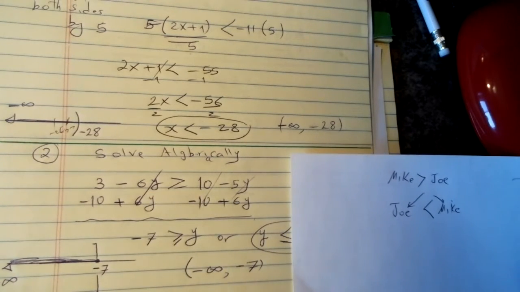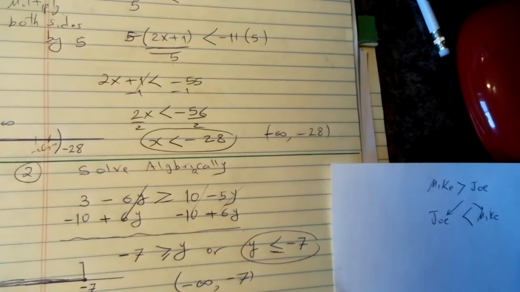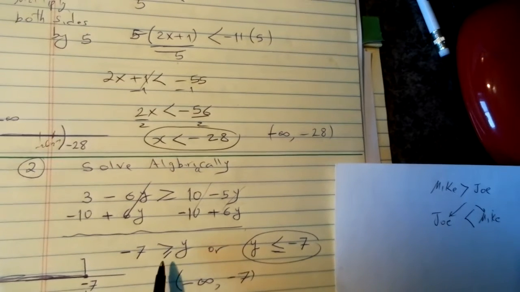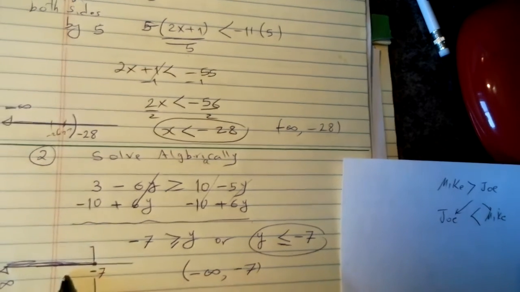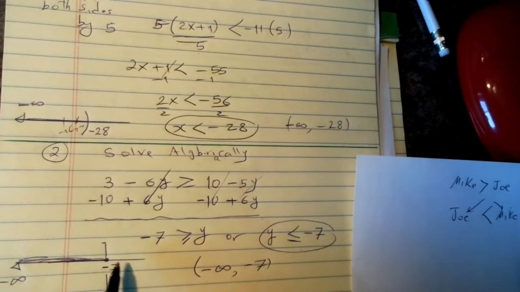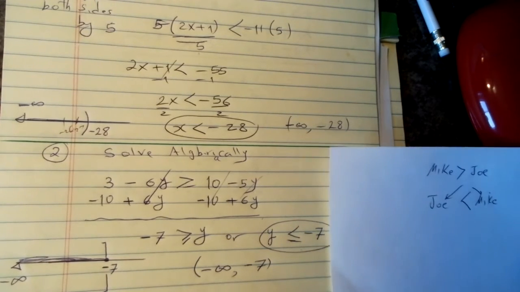So for that reason, when you have negative 7 greater than or equal to y, you could also say y is less than or equal to negative 7. The reason we like to have the y on this side is that it's easier to see on the graph. Y is less than or equal to minus 7, all the numbers less than minus 7. It's a bracket because it has an equality sign.